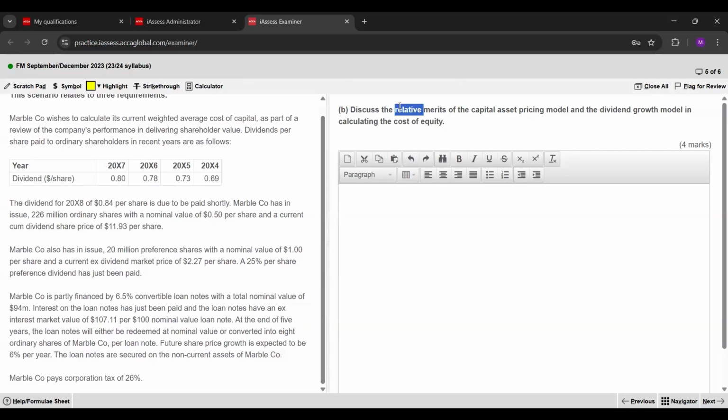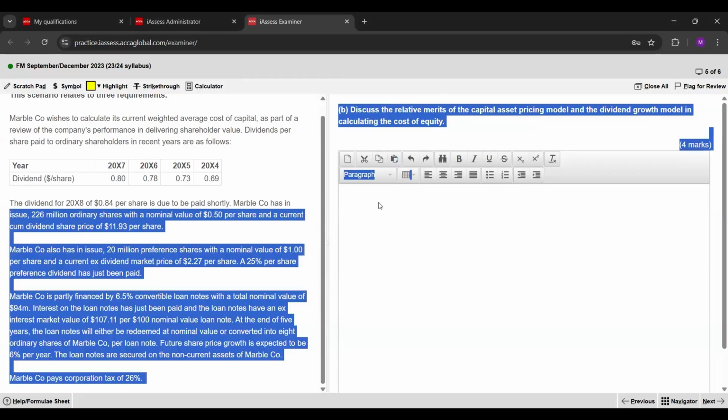If they say discuss the advantages and disadvantages, it should be a balanced discussion. If you say three advantages, there should be three disadvantages. But when they say discuss the relative merits, we are going to just focus on the better aspects of these two models. Okay, so let's just have an opening sentence.